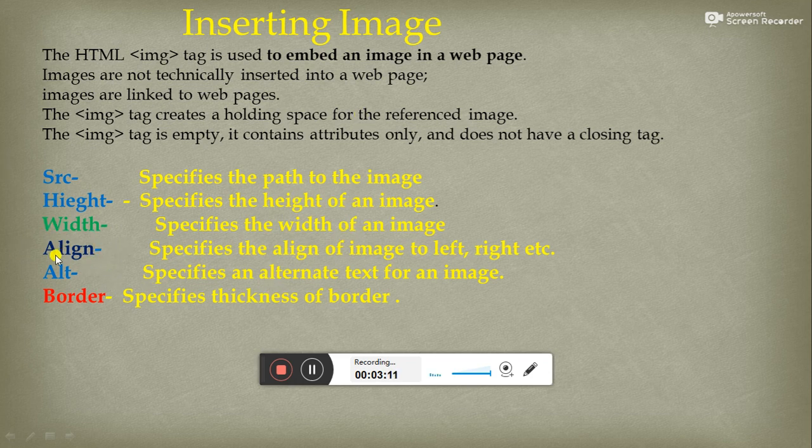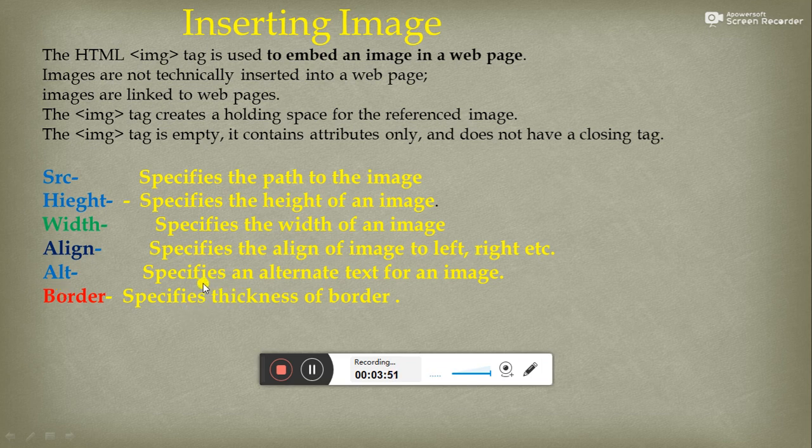Now the align attribute. The align attribute of the image tag specifies the alignment of the image. Alignment of the image means where you want to show your image. You specify this by the align attribute. You may want to show your image on the left side, right side, top, bottom, etc. Next is the alt attribute.